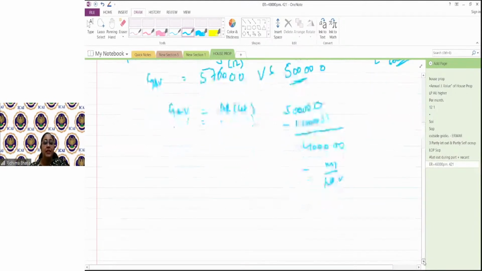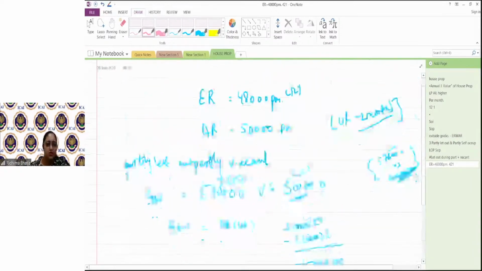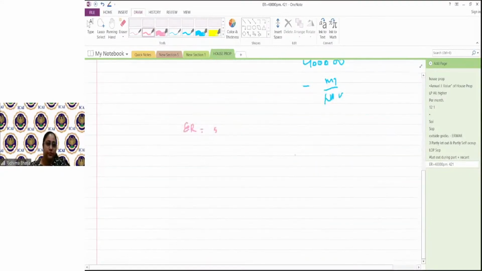Now, the next case is if this were a case of partly let out and partly self-occupied with the same figures. Expected rent would have been 56,000 you have told. Sorry, 48,000. Expected rent you said is 48,000 per month.